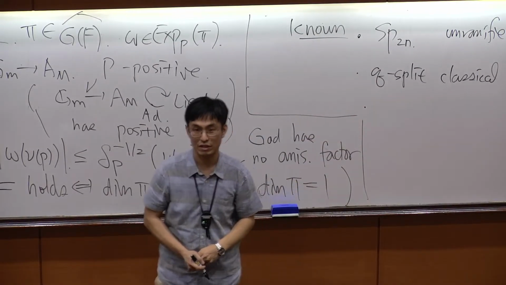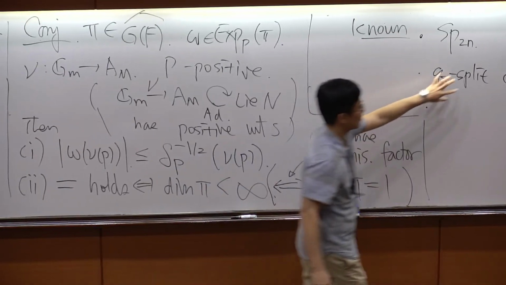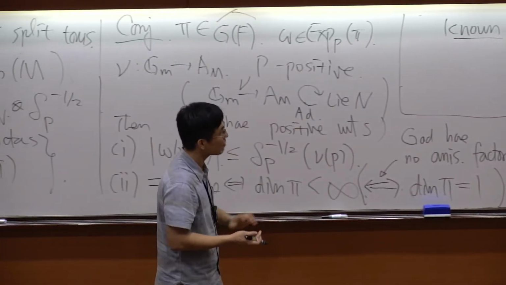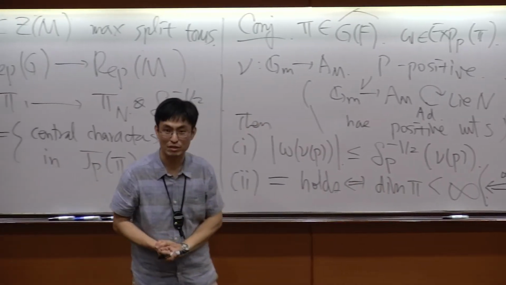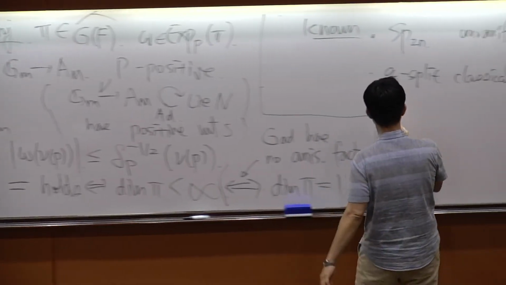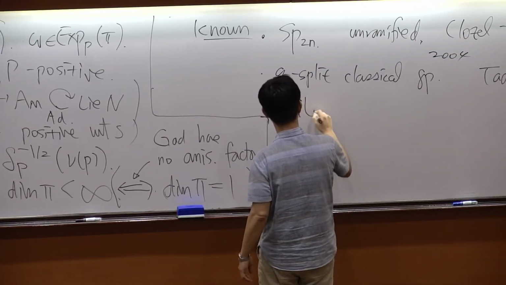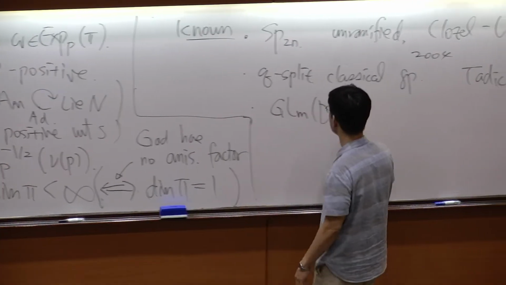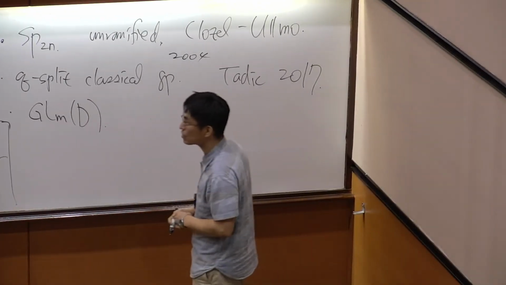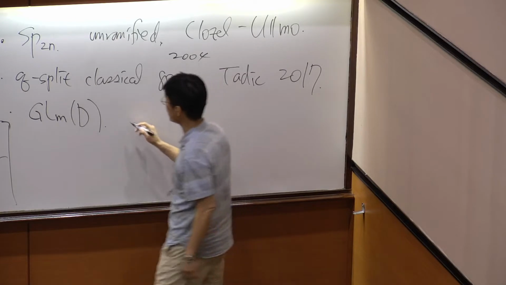Maybe you can get rid of quasi-split, but they may not easily extend. But that said, if you have some explicit classification results, this should probably be a matter of time. And indeed, if I have something like GL_n over a division algebra, then there's a complete classification of the unitary dual.